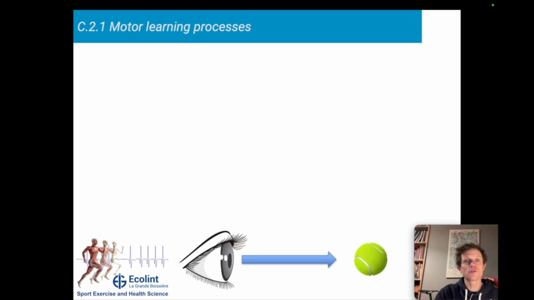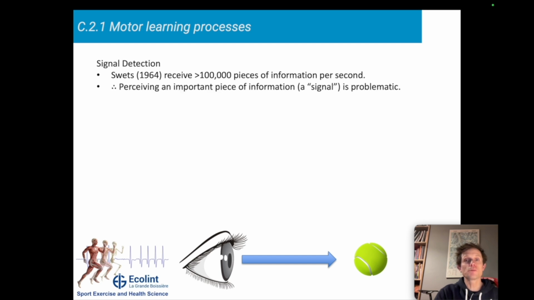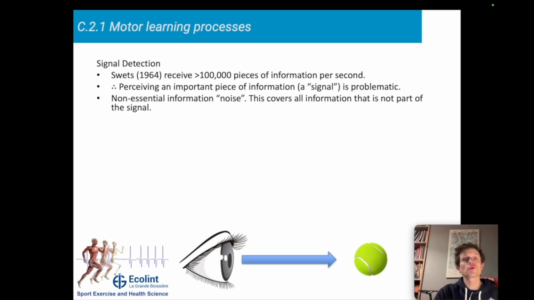In 1964, a researcher called Swets produced their signal detection theory. They proposed that we receive more than 100,000 pieces of information per second, and perceiving an important piece of information is therefore going to be problematic. The idea is that this non-essential information, what they refer to as noise, covers all information that is not part of the signal or the appropriate information that we need to be attending to.